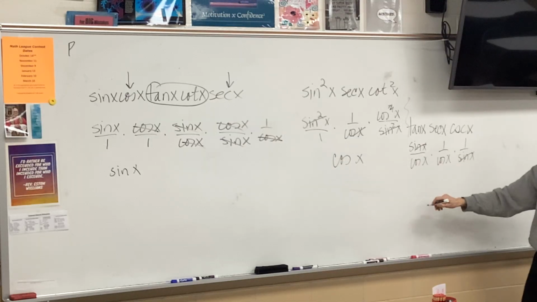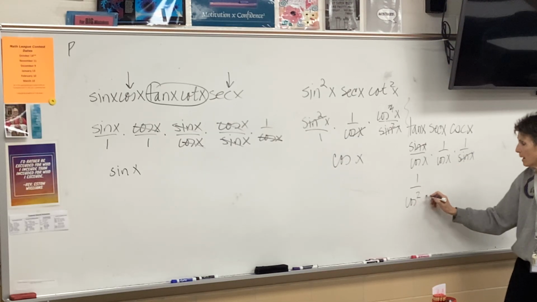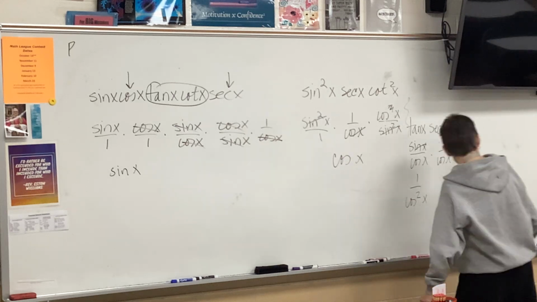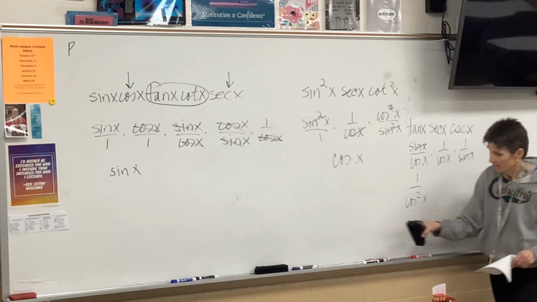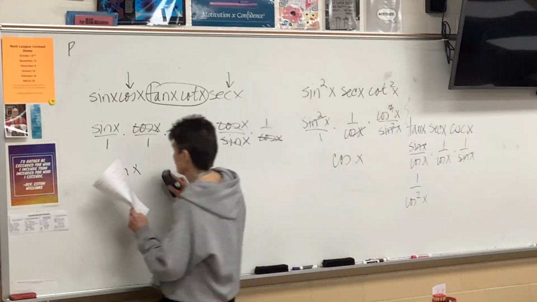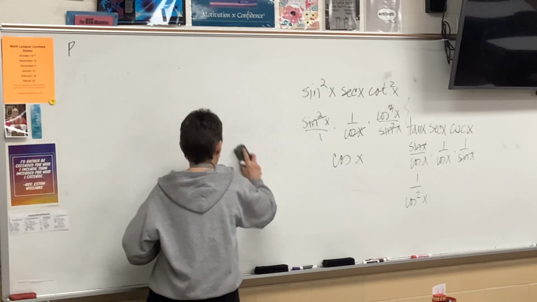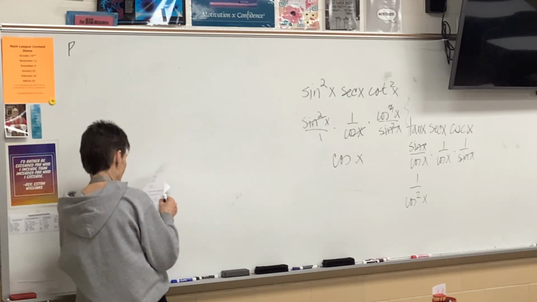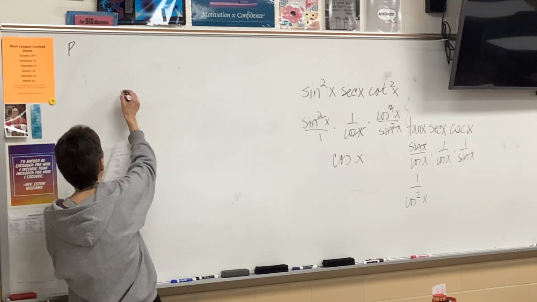Sines are going to cancel, and it looks like I am left with 2 cosines in the bottom, so 1 over cosine squared. And one more. 23.